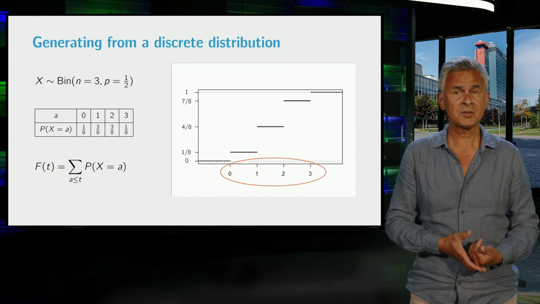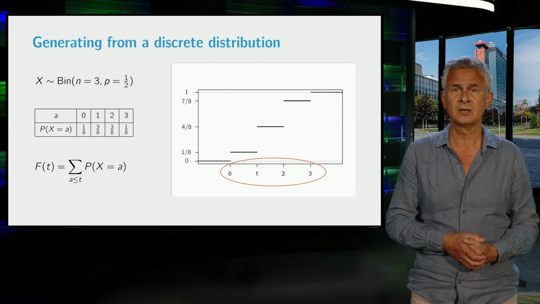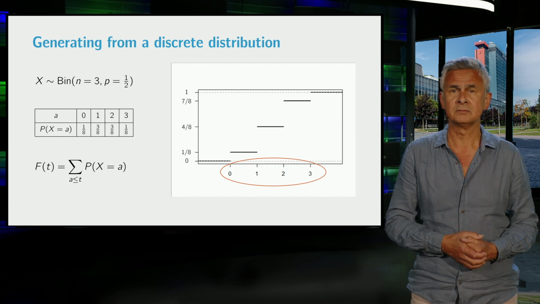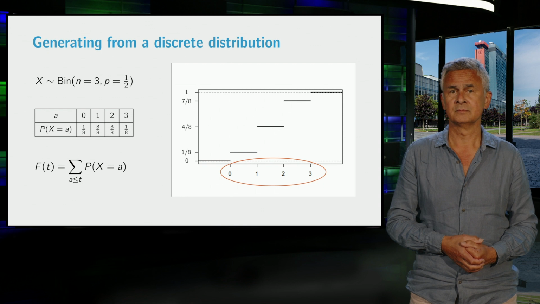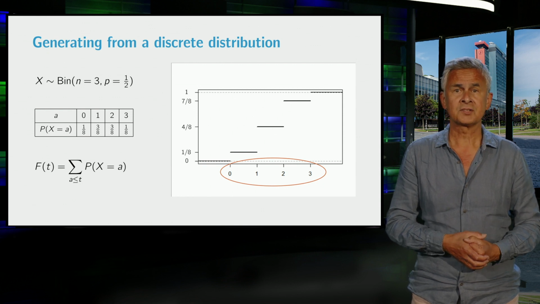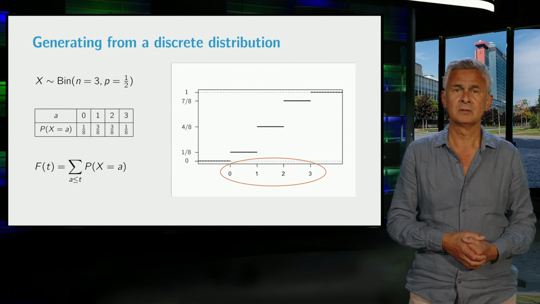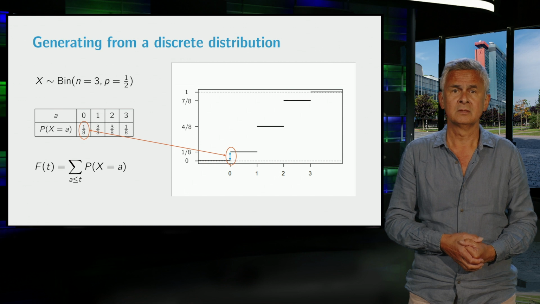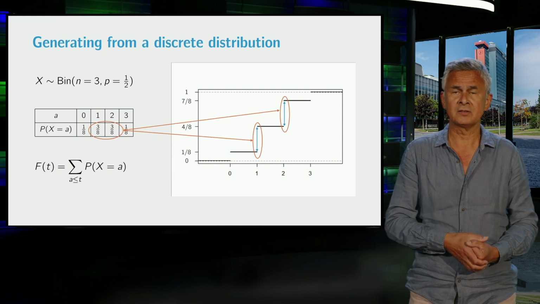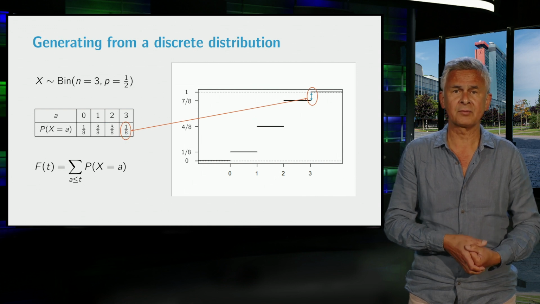Indeed, the possible values are exactly those values on the horizontal axis where the graph has a jump, namely at 0, 1, 2, and 3. Furthermore, the sizes of the jumps are precisely the corresponding probabilities, namely a jump of 1/8 at 0, jumps of 3/8 at 1 and at 2, and a jump of 1/8 at 3.